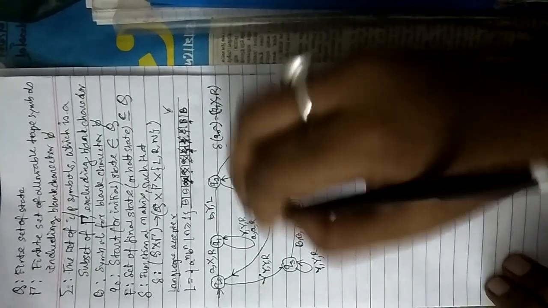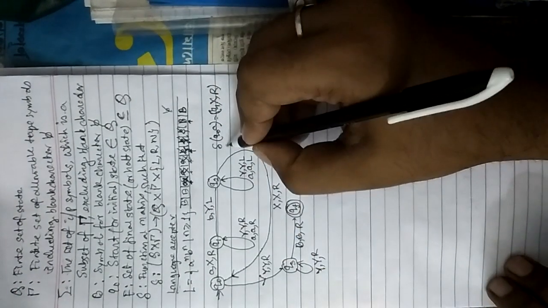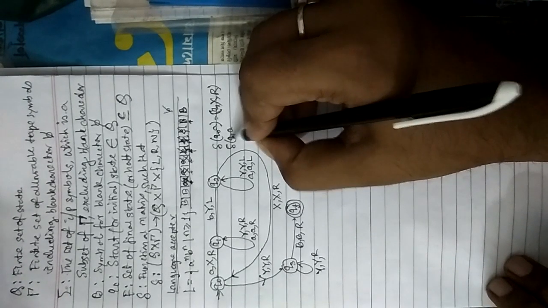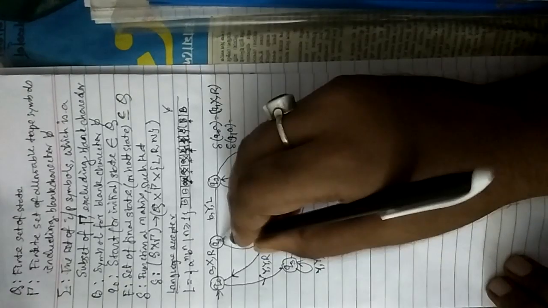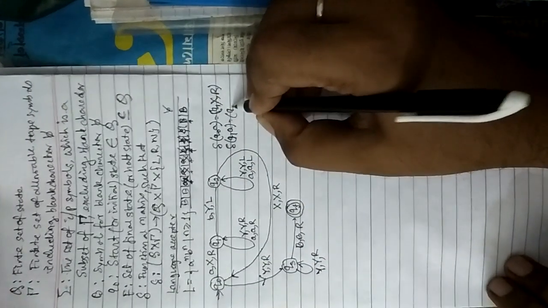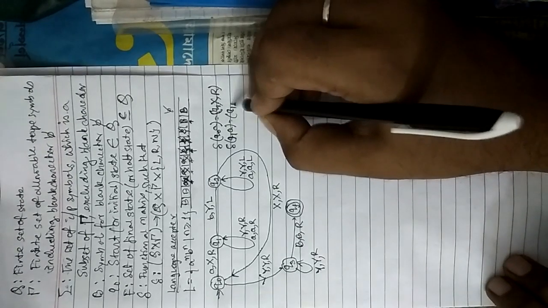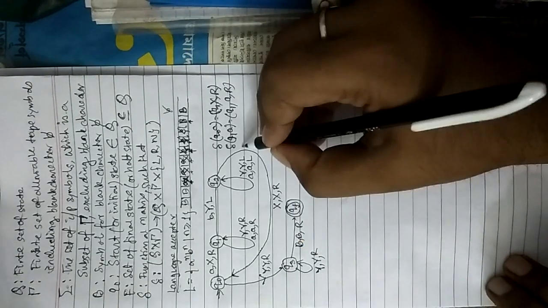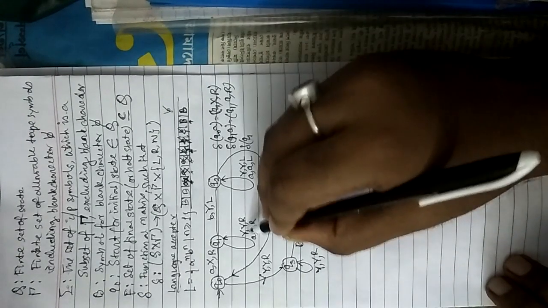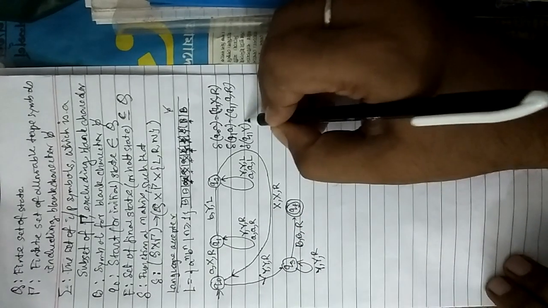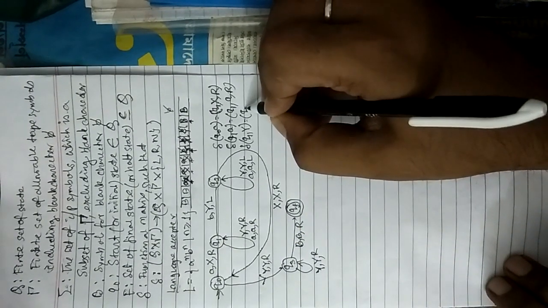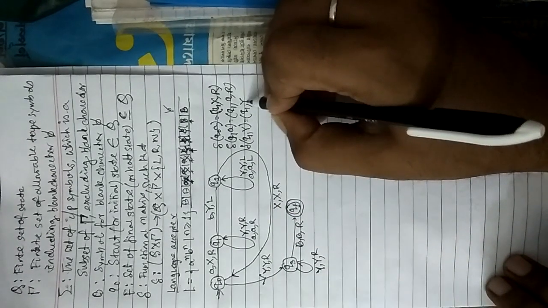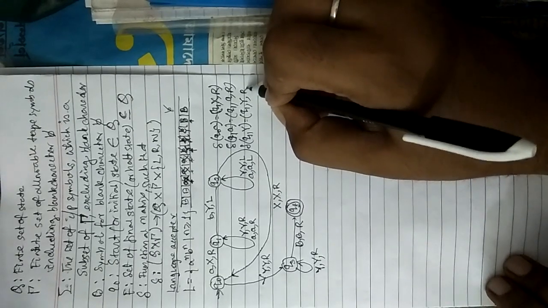If you want to do this one, you can do it with Q1 with A. Again you go to the Q1 state, replace A with A and move towards right. Or there is another condition, Q1 with Y, where you replace Y with Y and move towards the right.